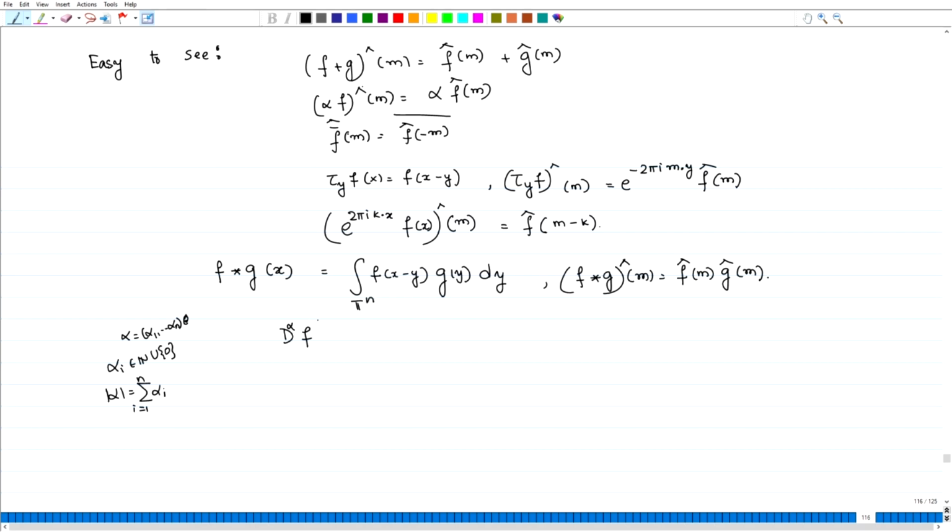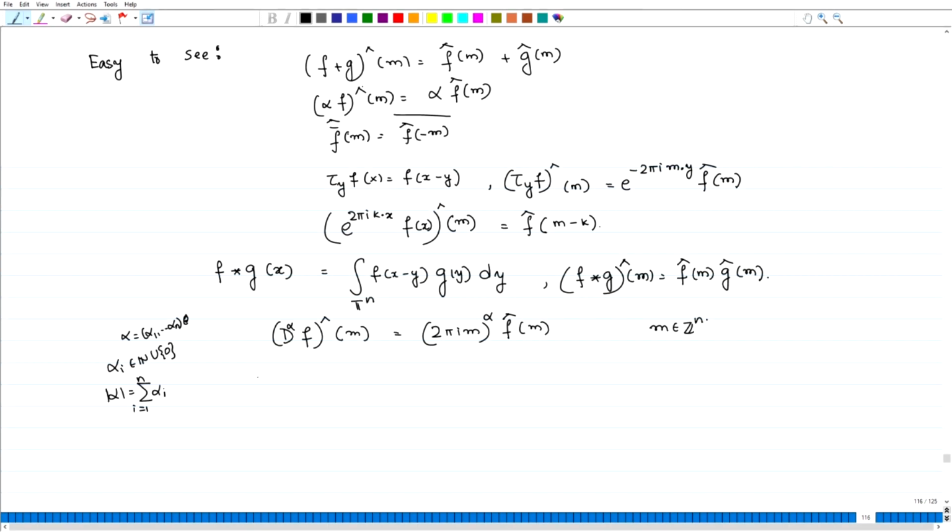We have introduced this notion earlier. Now, if I take the Fourier transform, m here is in Z^n, and we get m to the power alpha times f hat of m for m varying over Z^n. We know that m to the power alpha means m1 to the power alpha 1, m2 to the power alpha 2, up to mn to the power alpha n.